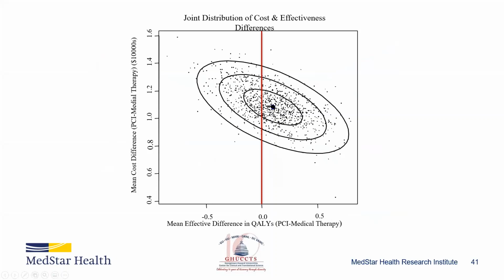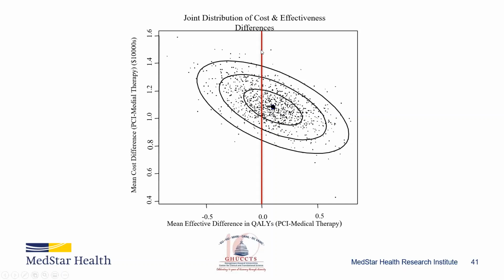Each dot represents one of the simulation draws from our different distributions. The inner ellipse here is where 90% of all of the simulations fall. The second one is the 95% ellipse, and the outer one is the 99% ellipse, so 99% of all the simulations fall within the outer ellipse.